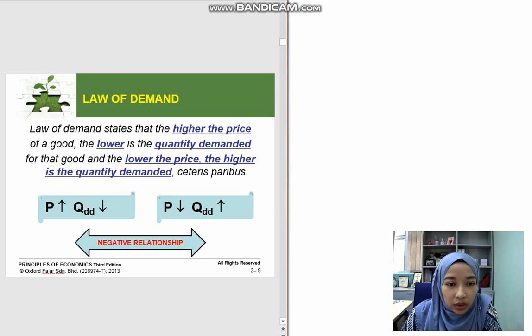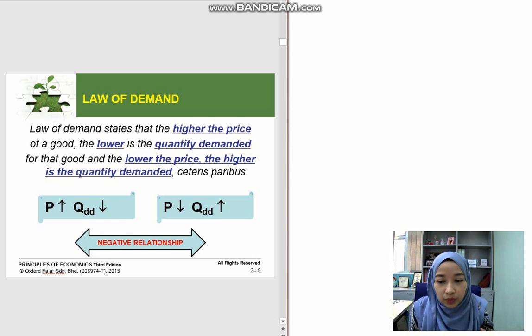So the law of demand is looking at the relationship between price level and the quantity demanded by consumers. When there is a change in price of a certain product, there will be a change in the amount of products that you want to buy.